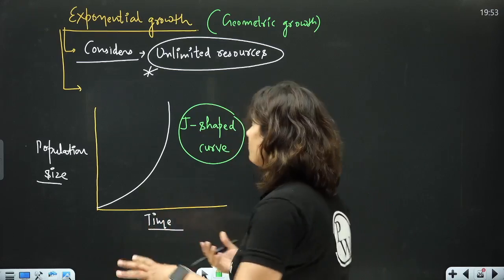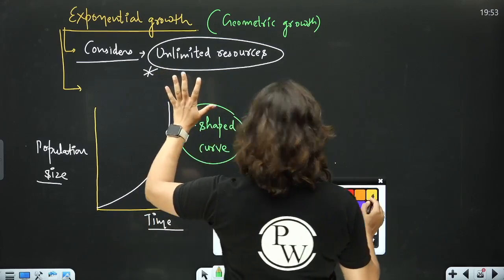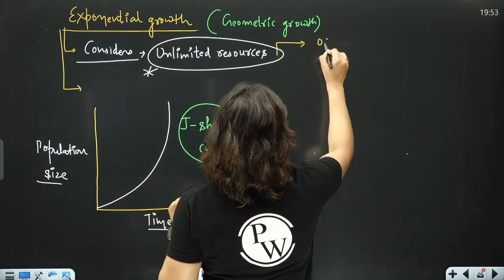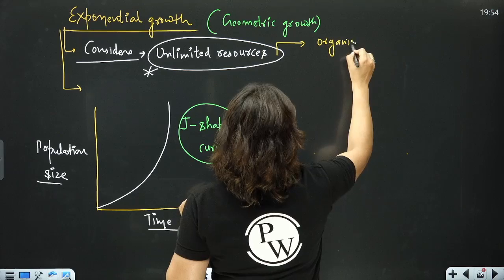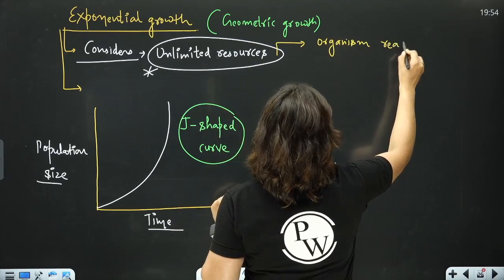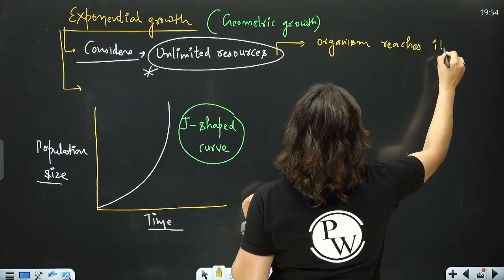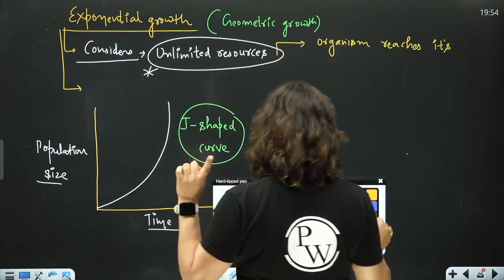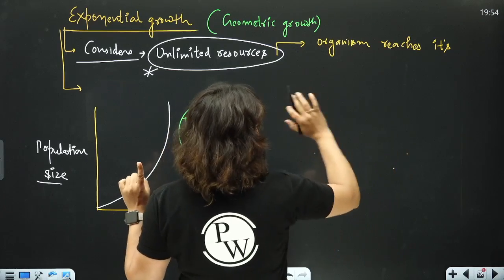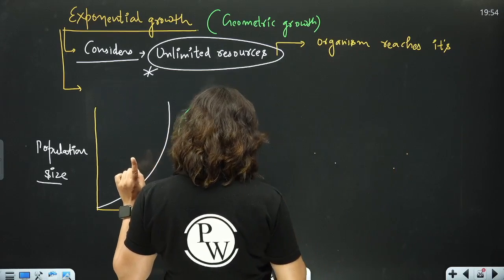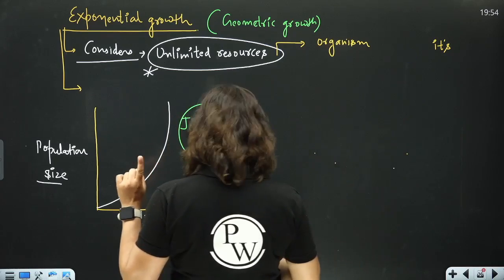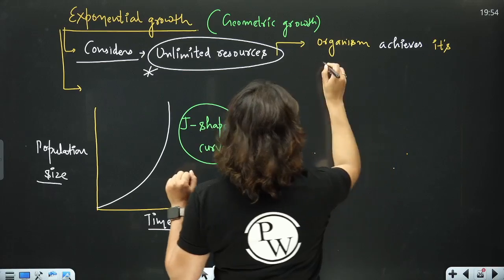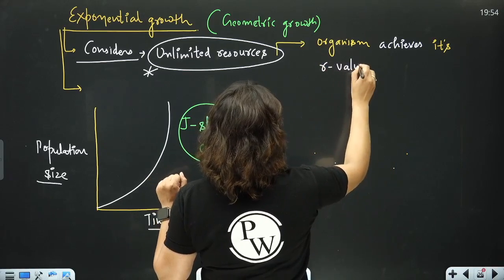So when the organism is provided with unlimited resources, then the organism reaches its R value. Generally it doesn't happen. Generally in nature, the organism does not achieve its R value. Now, what is this R value?